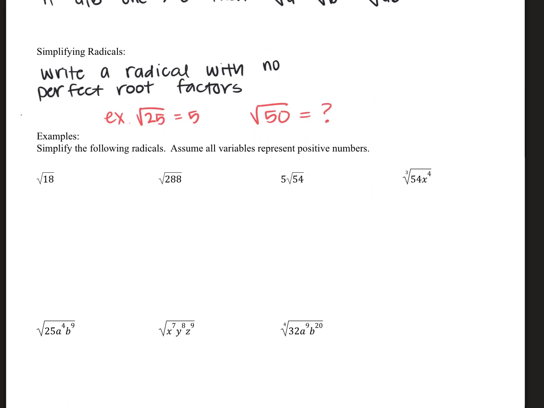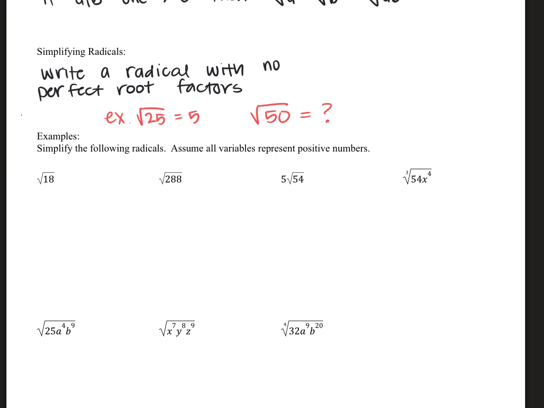Again, we're going to be assuming that we're looking at positive roots, because remember we discussed that a positive and a negative number squared both gave us the same number, but we're going to assume here that we're dealing with all positives.